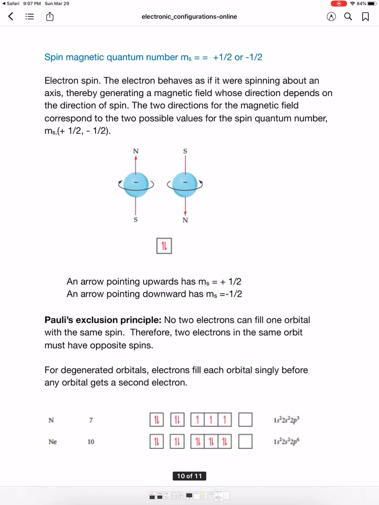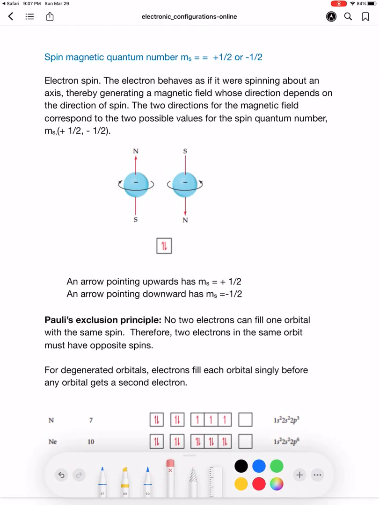Okay, the last one here is just an explanation of what you have seen in the boxes previously. So why do we have 2 arrows? I explained this in class too. The electrons spin clockwise or counterclockwise, and when they spin, there is a magnetic field, and the direction is like this, south, north, or like up or down.